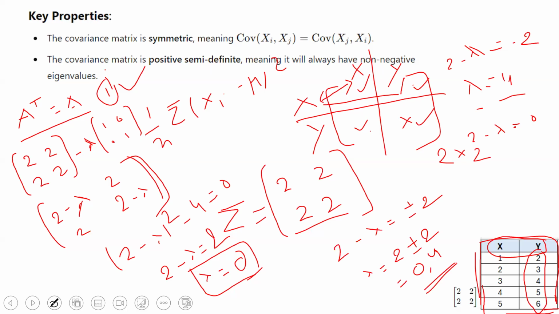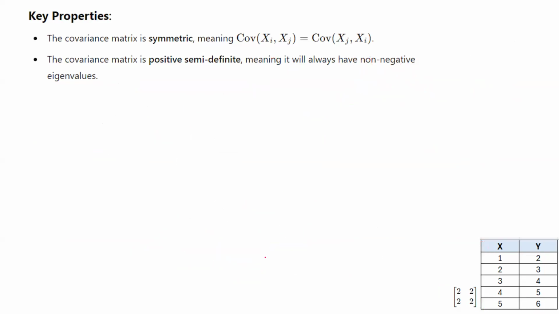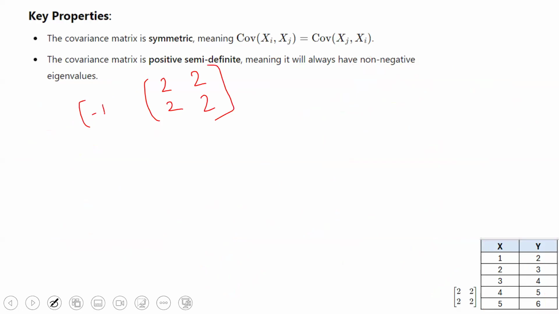And now if I multiply this matrix with any vector, what you have to get is greater than or equal to 0. So my matrix is 2, 2, 2, 2. I take a vector which is minus 1, minus 1. You can take any vector, but for now I'm taking minus 1 and minus 1.